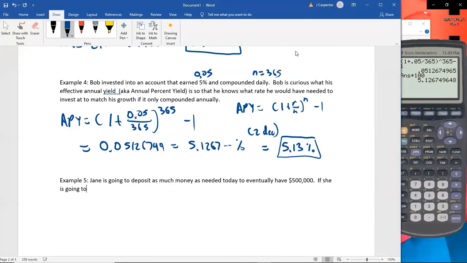She is going to invest in an account, say a mutual fund, that can earn 8% compounding monthly, for 35 years. How much does she need to deposit?